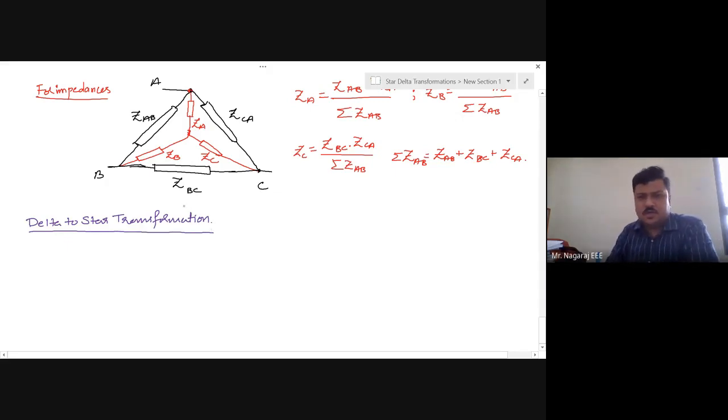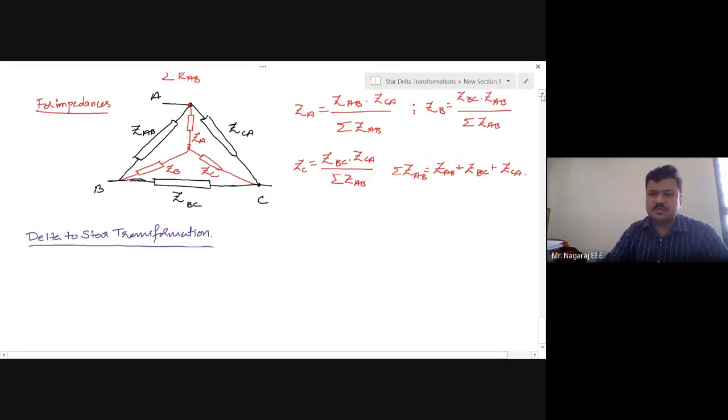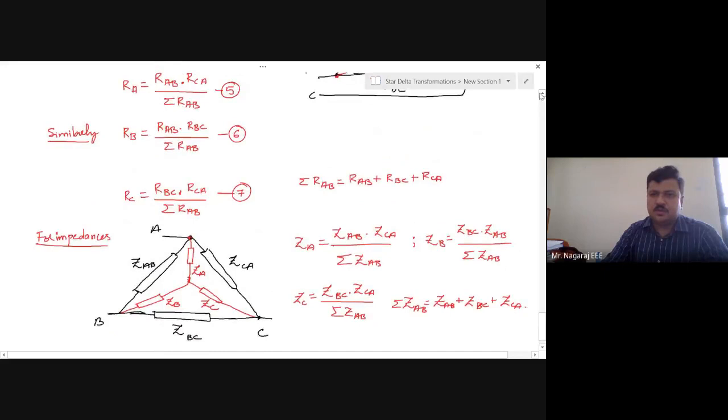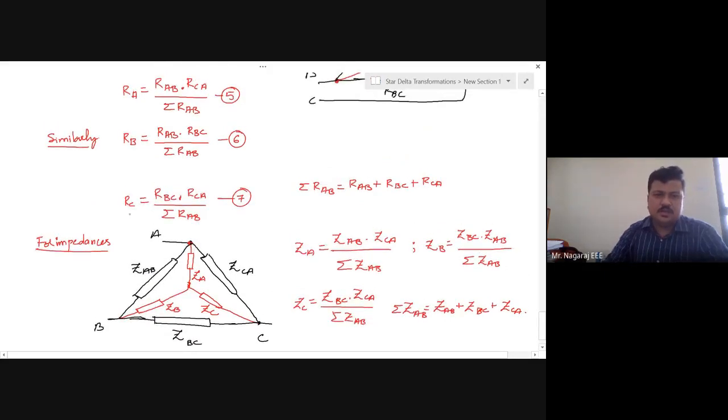Already we have some fundamental equations with us. Those equations we will be reusing to get the equivalent delta from the star. Now I have RA, RB, RC in terms of RAB, RBC and RCA. Now I should get RAB, RBC, RCA in terms of RA, RB and RC. That is what we have to do.